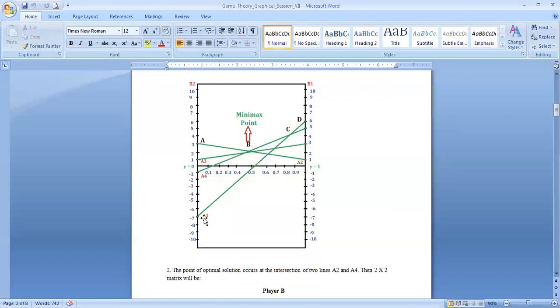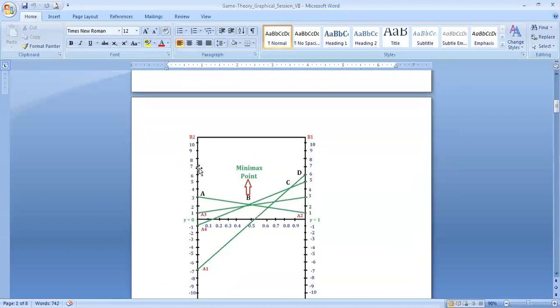Here we are not going to measure any values along this line. Instead, we are only considering the lines which are intersecting. Each line will indicate a strategy of the player B, so here it is B2 and B1.